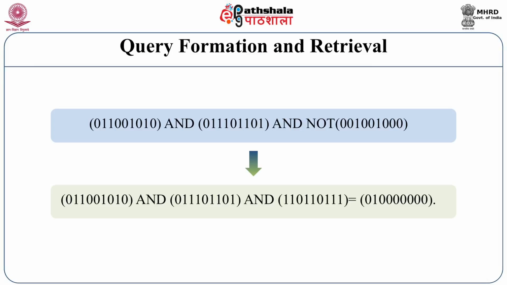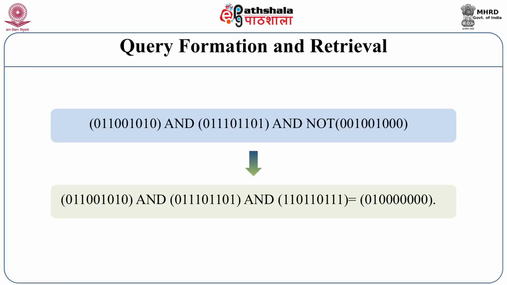Now first we will negate the Boolean expression for the term T8. That means I will just do the complement of the Boolean expression for the term T8. After doing the NOT operation for the term T8, it becomes 1 1 0 1 1 0 1 1 1, and then I am doing the binary AND operation bitwise. After doing the binary AND operation, it becomes 0 1 and the rest are 0.